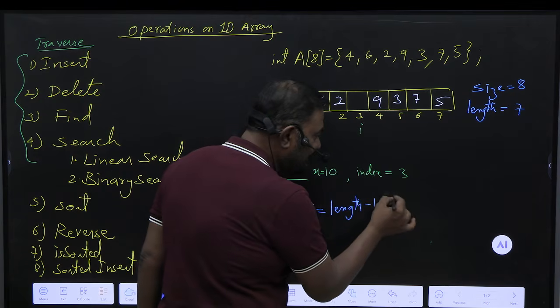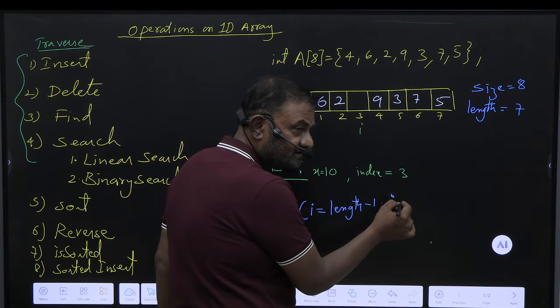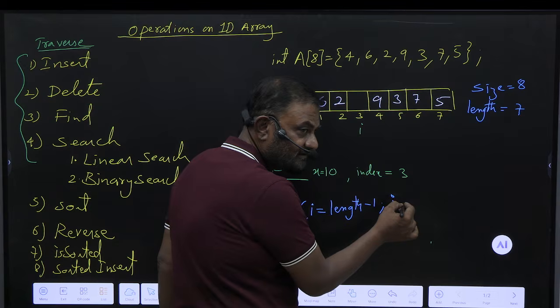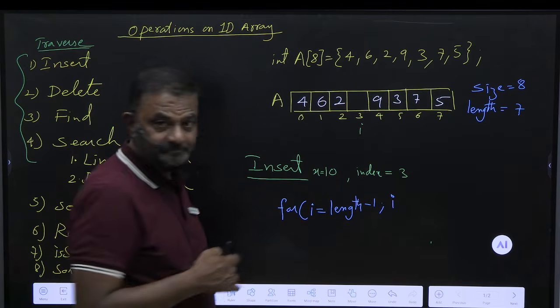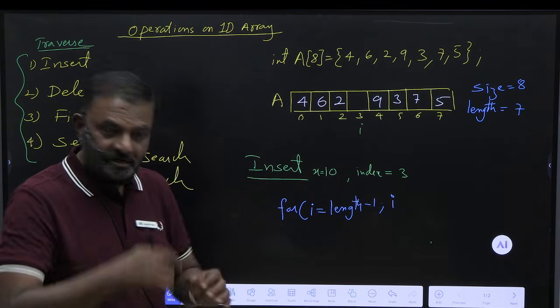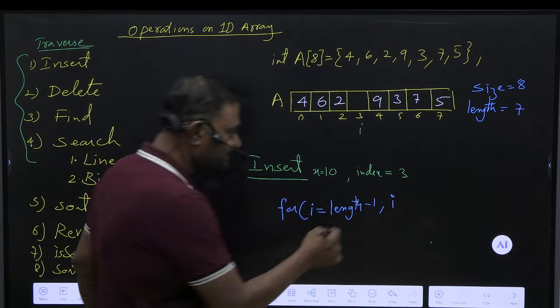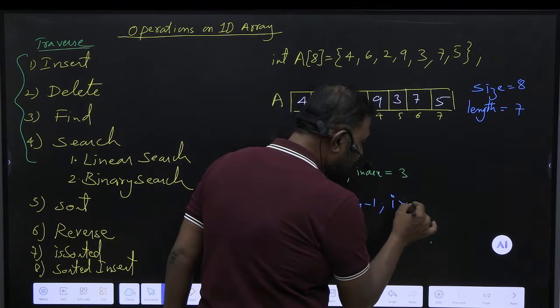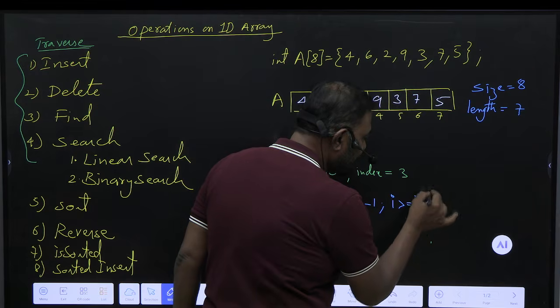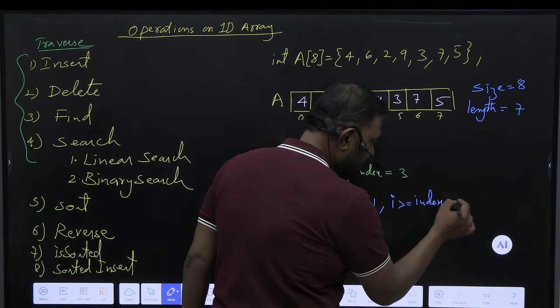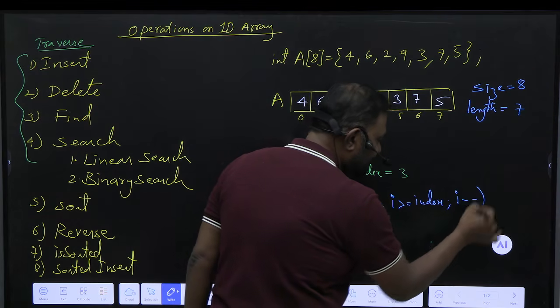And I is, at which index? 3. So till there we have to keep on moving the elements. So I should say I greater than or equal to index, and I should say I minus minus.